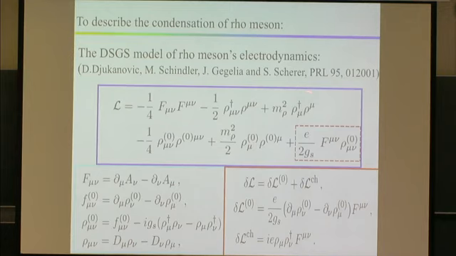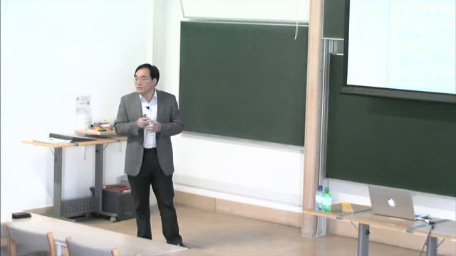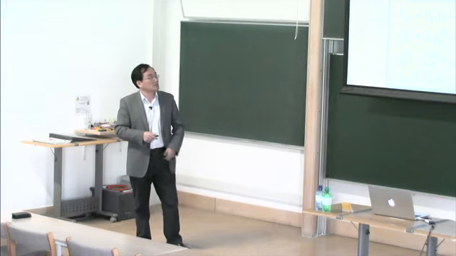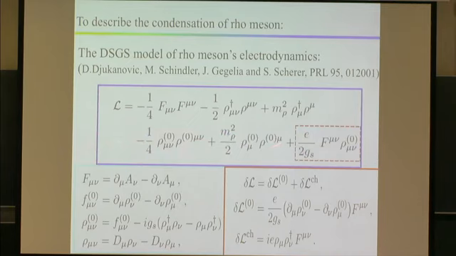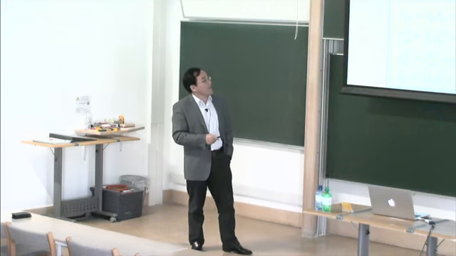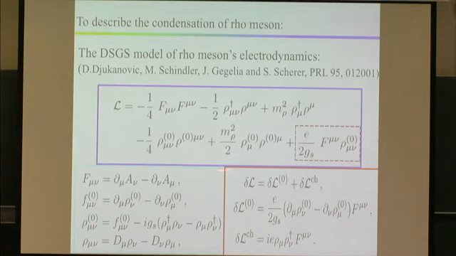This is, of course, an effective description of rho meson electrodynamics. Here are the Maxwell fields. Rho mu is actually the charged rho mesons, and this is the mass term. Here, rho naught is defined here. This one is the neutral rho meson, and this is the mass term.